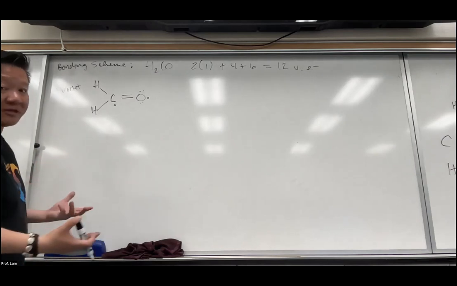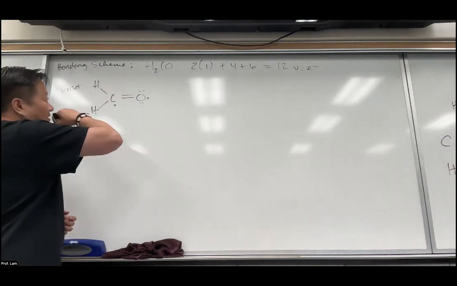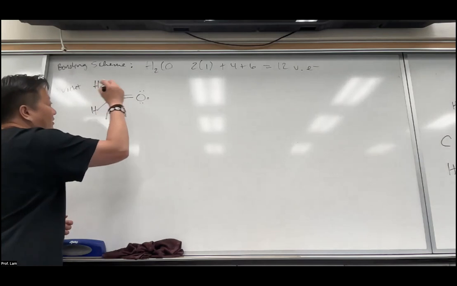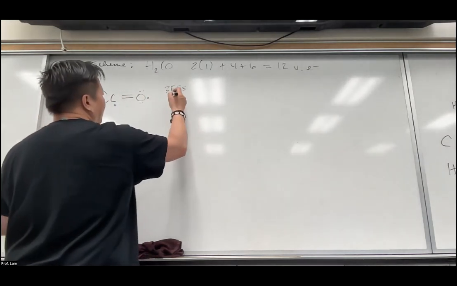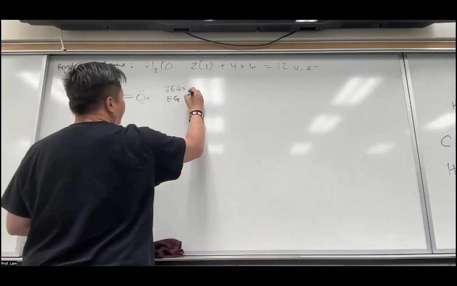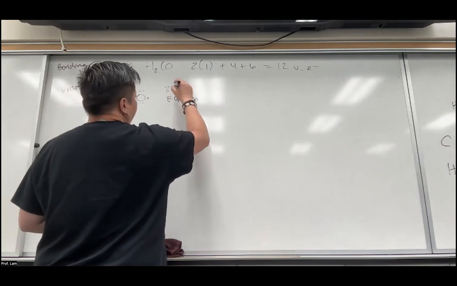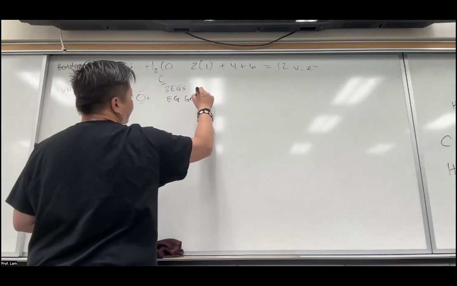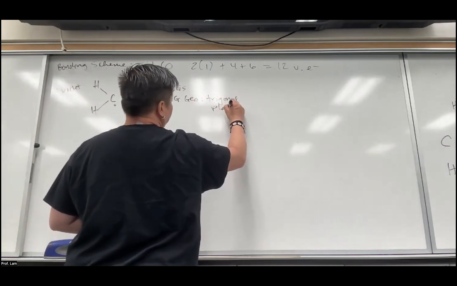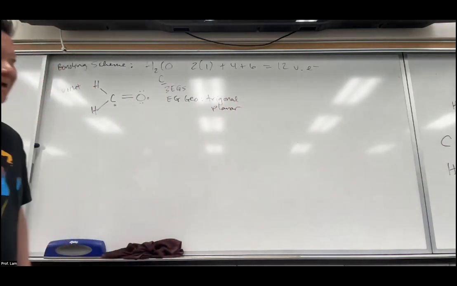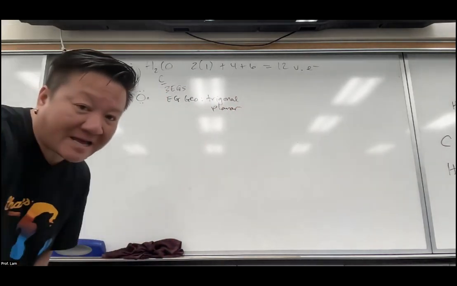Right? Now we can do electron groups. Again, focus on the central atom. That's 1, 2, 3, 3 electron groups. So what is the electron group geometry? This is for the carbon, by the way. But you guys remember the rule that I had earlier?